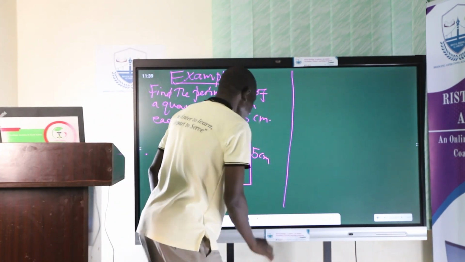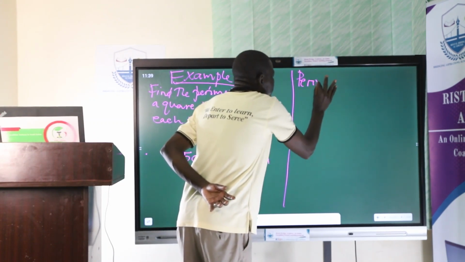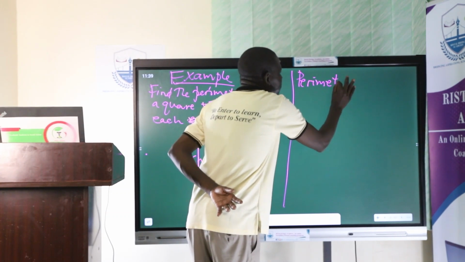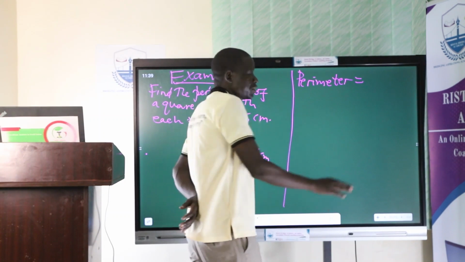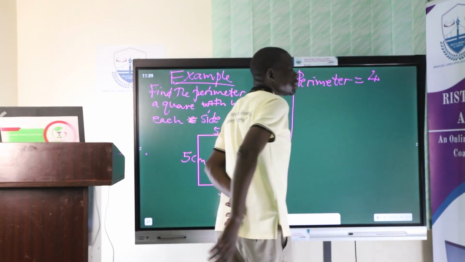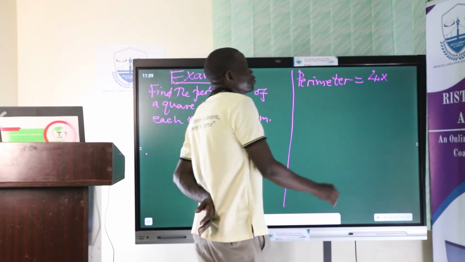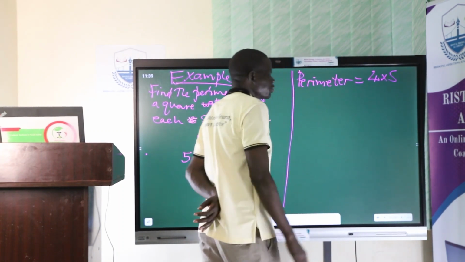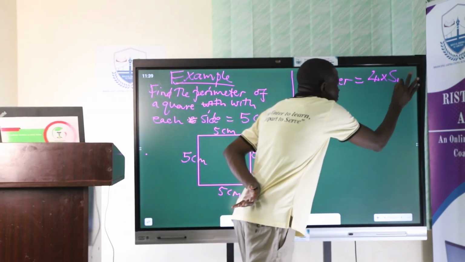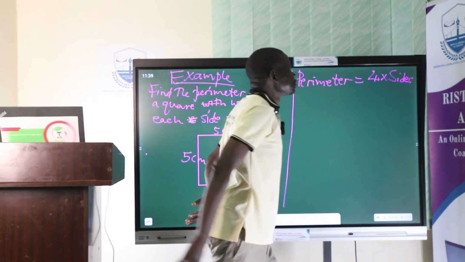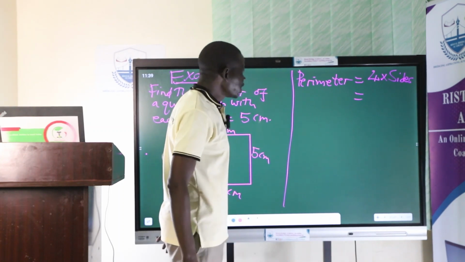Our formula will now be: perimeter of the square is equal to 4 times s, where s represents the length of a side.